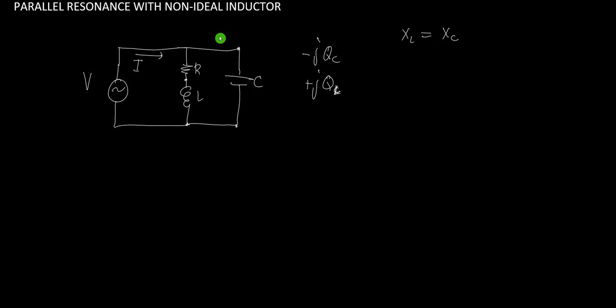But if they are in series, it's okay, even if they don't have the same voltage, as long as they have the same current. In a series circuit, it's always the same current, because they're in series. But here, it's not true. We cannot say that they have the same current. So this condition will not be valid in this case.